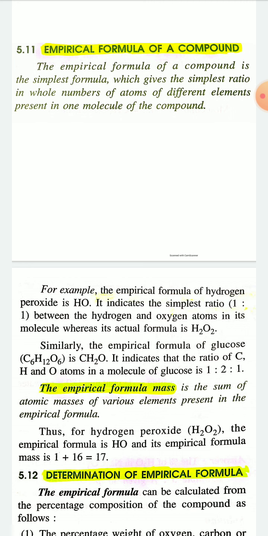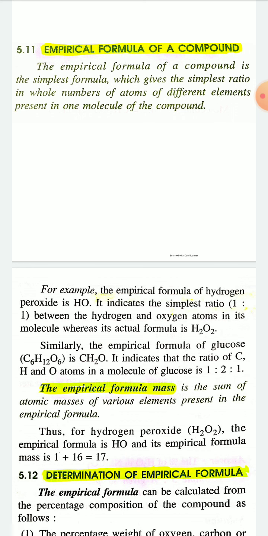Now, find out the ratio of the number of carbon atoms to hydrogen atoms to oxygen atoms. In glucose, the ratio is 6 is to 12 is to 6.